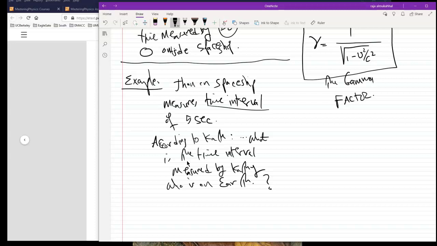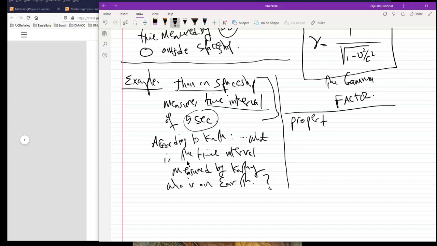First of all, we need to decide what is the proper time here. Well, the proper time is John's, because he is measuring that in his own frame. That's the meaning of the proper time: the time measured in your own frame.